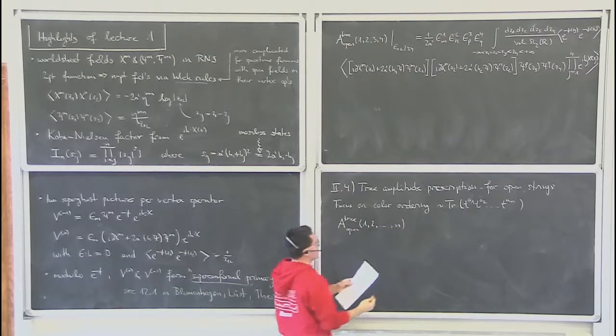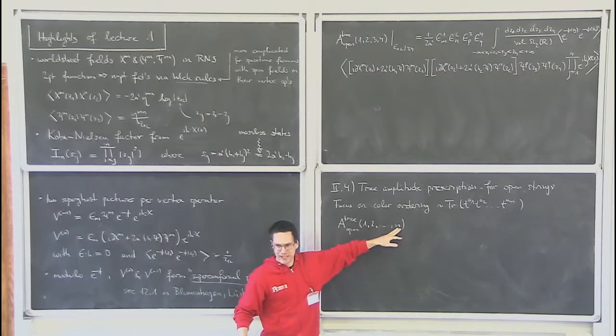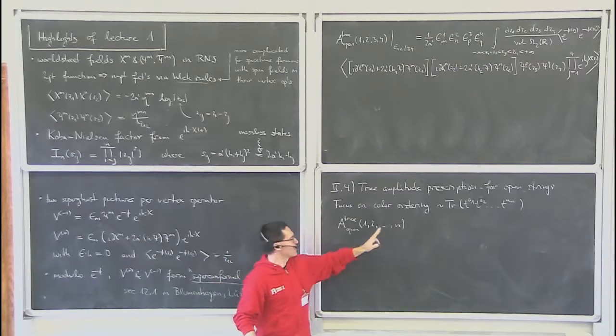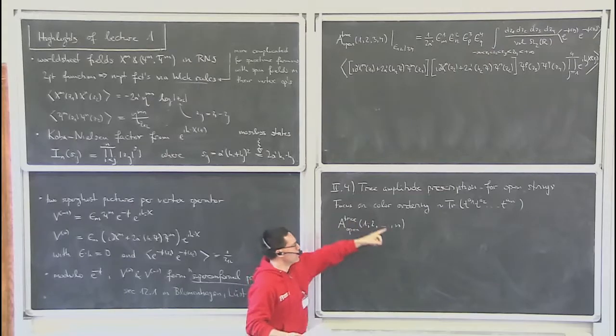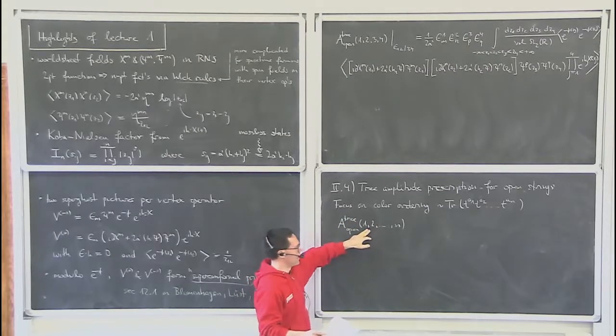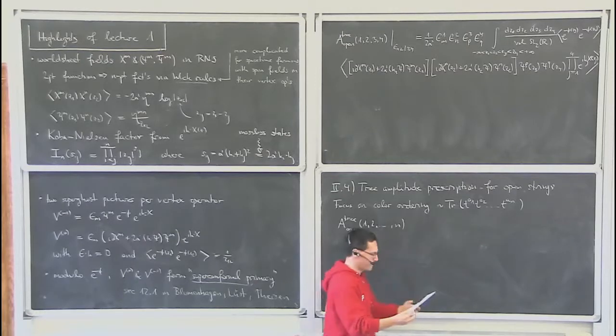We look at the color-ordered open string amplitudes for n massless external states, and this is meant to be a cyclic function of the scattering data of leg 1, leg 2, and so on. So you can do cyclic moves within this labeling to reflect the cyclicity of the accompanying trace.